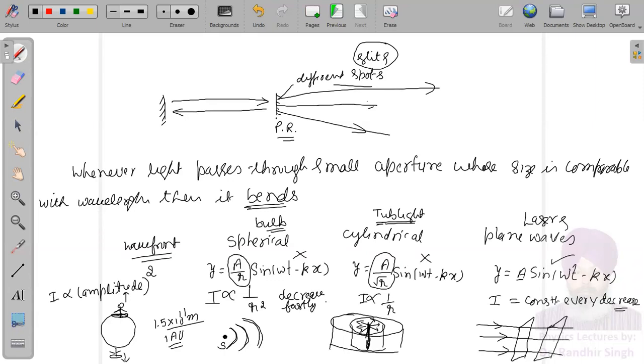If I go away from the source to a very large distance, let us say I want to go to this place, then the sphere will have this much radius, and a small portion of the sphere will act as a plane. This is an assumption, this is not correct, but you can assume it.